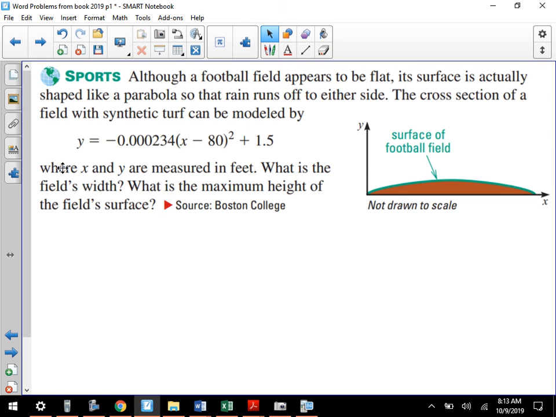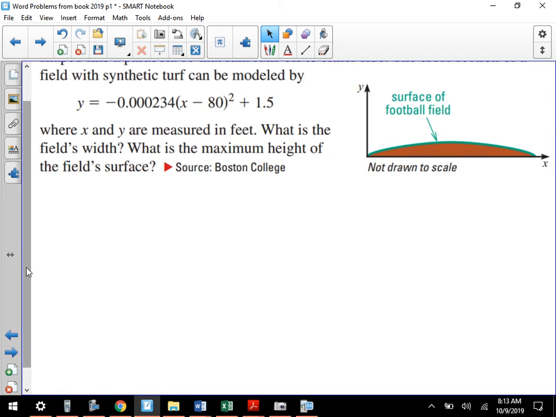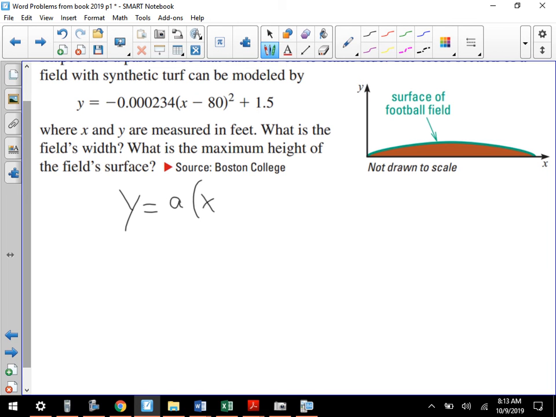So if this is vertex form, this is your y equals a(x minus h) squared plus k. Just knowing that little bit tells you a lot. Where's your vertex? 80 and 1.5.